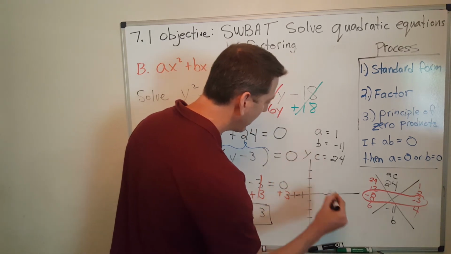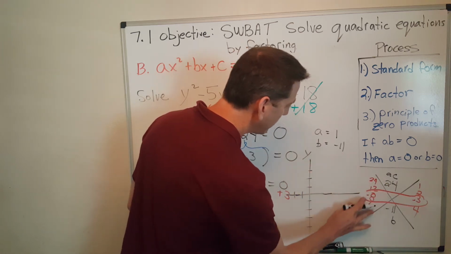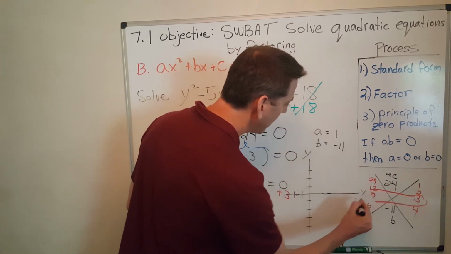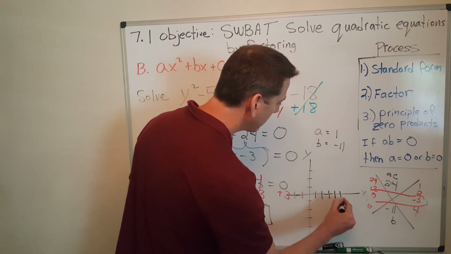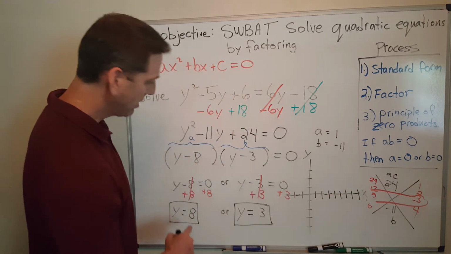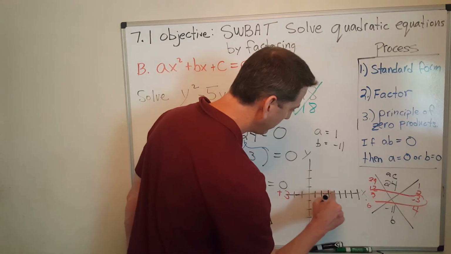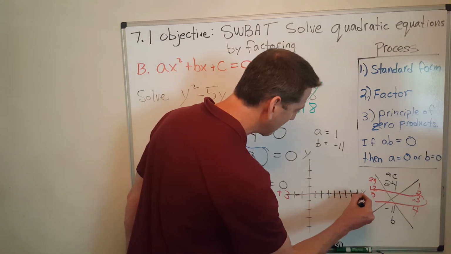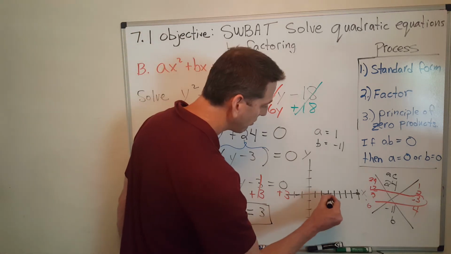So this is the y-axis, and this is the x-axis. Okay, so y equals 8. So that'd be 1, 2, 3, 4, 5, 6, 7, 8. Or y equals 3. 1, 2, 3.